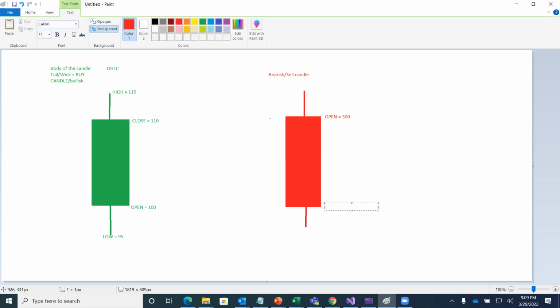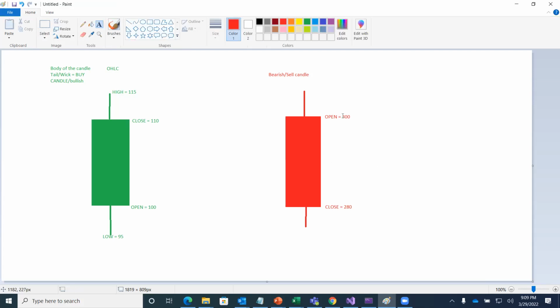When it closed, again considering this as a 1 day candle, the closing price is, for example, 280. So what happened over the whole day? Actually from 300 to 280 it came. That's why we call it a bearish candle, because as you see, for one full day the price has come down.